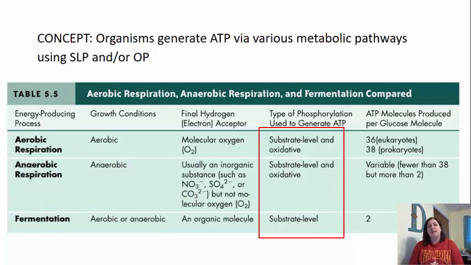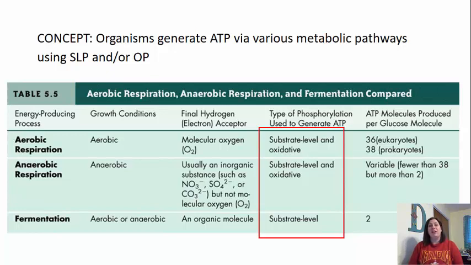The ATP yield is going to be very variable. It's going to be fewer than 38, so it's not as good as aerobic, but it is going to create more than 2. Now, fermentation is the one that is the least productive. Fermentation can have aerobic or anaerobic conditions. The electron acceptor is an organic molecule, and this one only does substrate level phosphorylation.